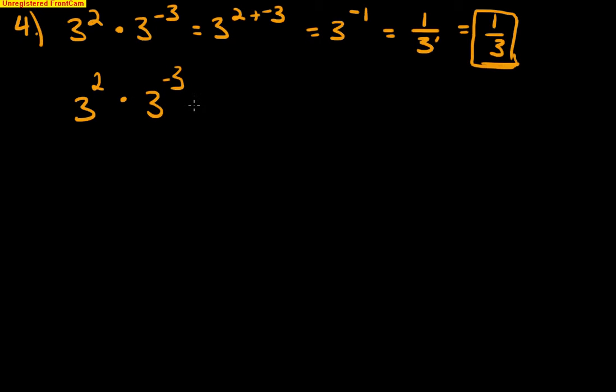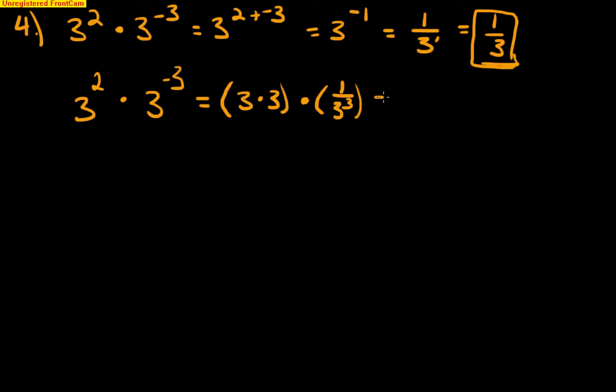Let's look at it for a second. 3 to the second power, and I'm going to put these inside parentheses because I'm dealing with each one separately, is just like 3 times 3. We multiply that by the second one, 3 to the negative third power. Remember, that's 1 over 3 to the third power.